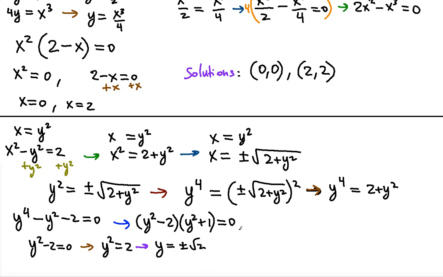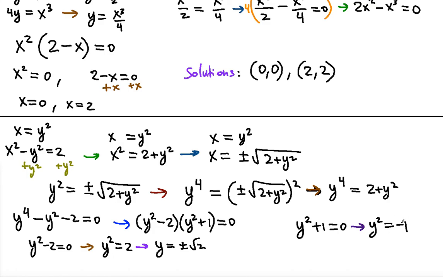Now in the second case, here's where the imaginary part comes in. So y squared plus 1 is equal to 0. If you subtract 1 on both sides, you will get y squared is equal to -1. And this will give you an imaginary solution, because you can't square root the -1, right?